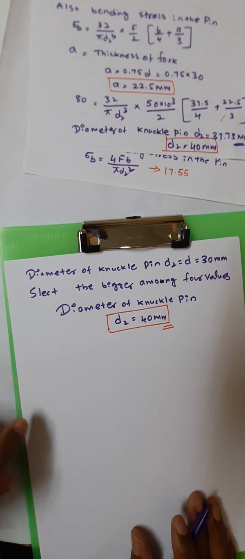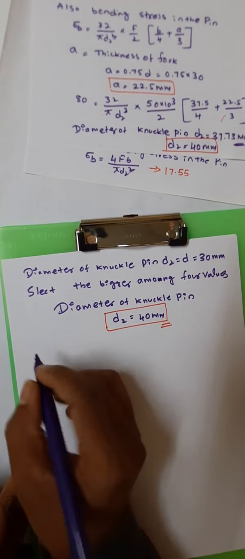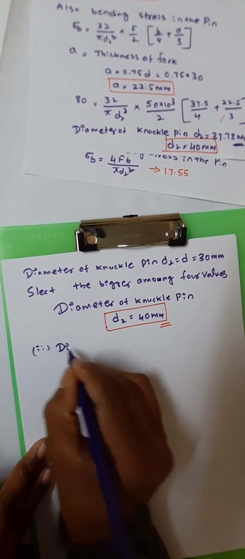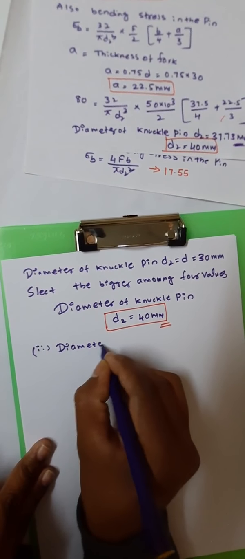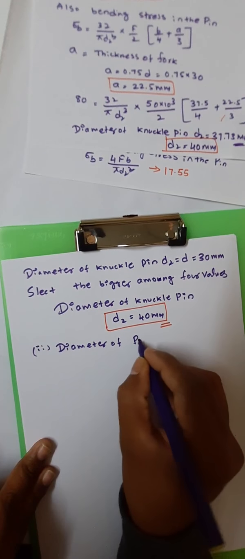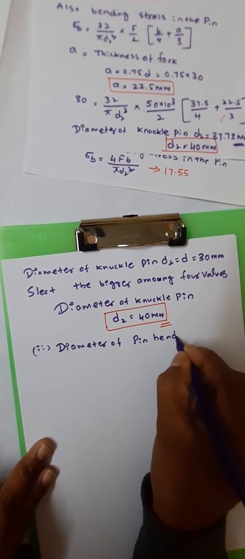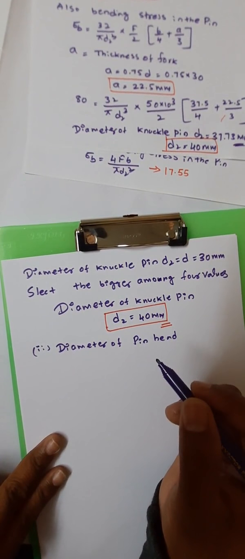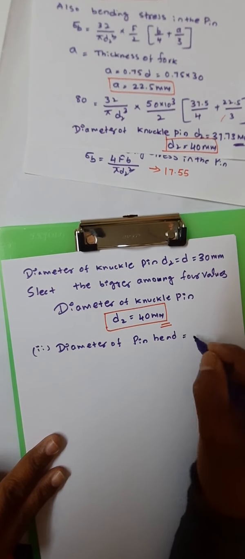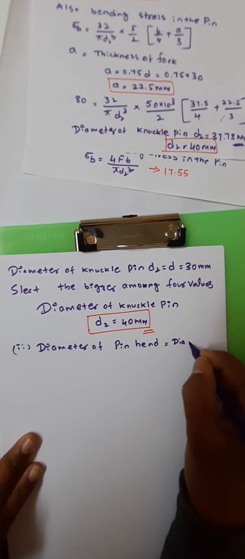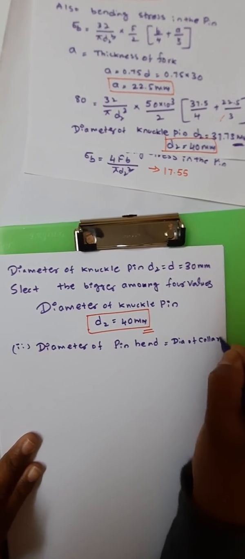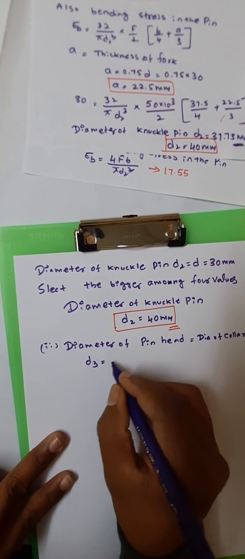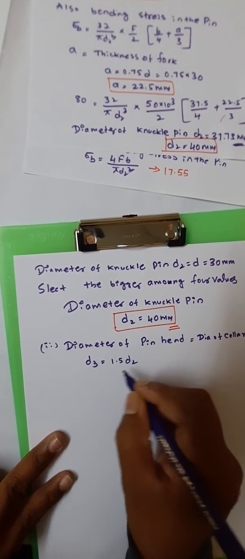Next, we need to determine the diameter of the pin head. The diameter of the pin head, this is also called as diameter of collar, that is d3 is equal to 1.5 times of d2.